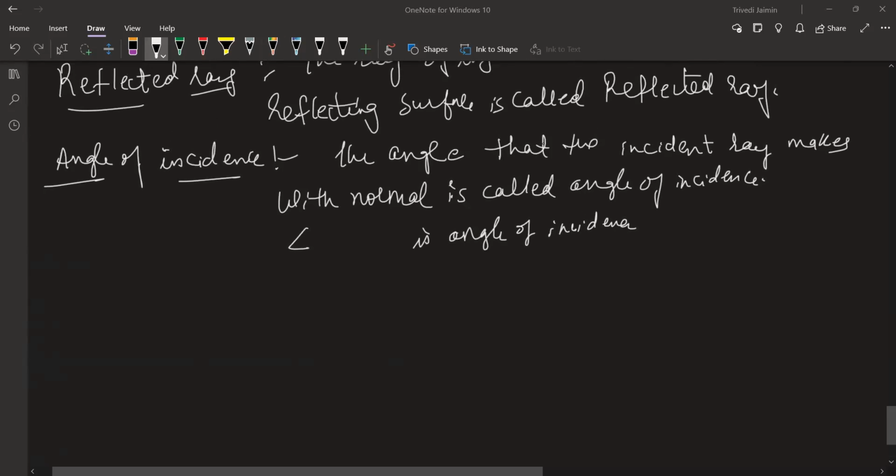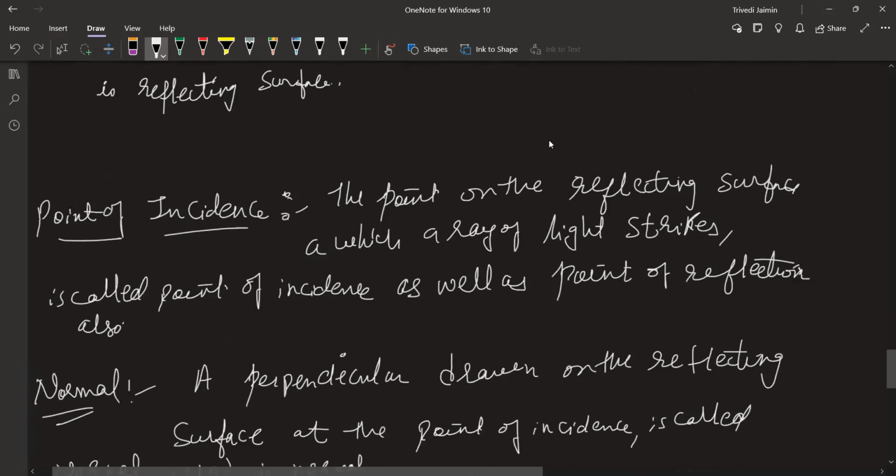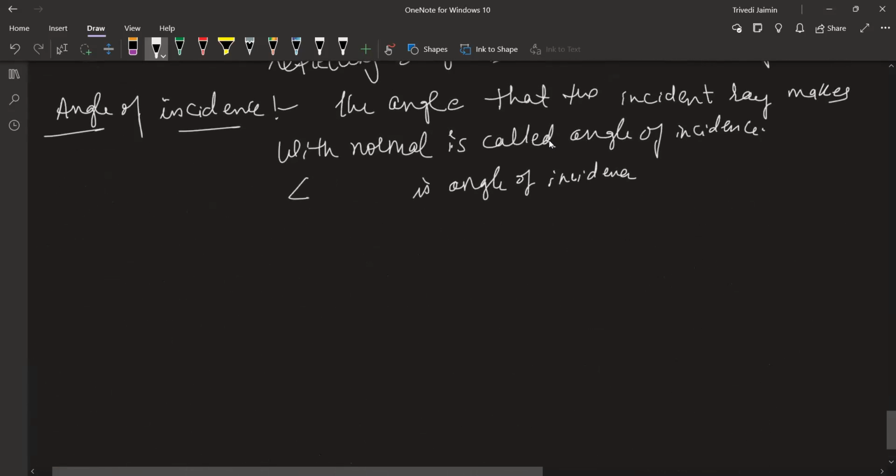Sir, can I try? Yeah. What should I name, sir? Should I name the angle? Yes, Harini, you try. Sir, is it theta? It's I only. Naming means PON is angle I. That is called naming.